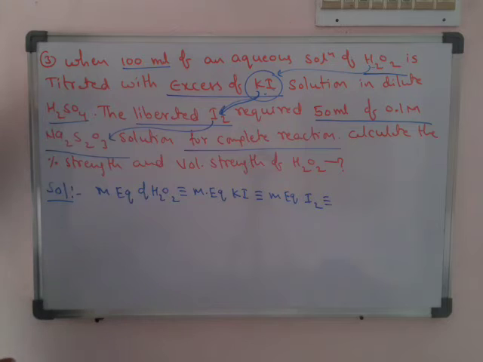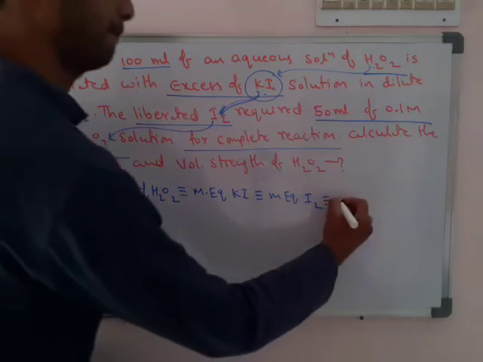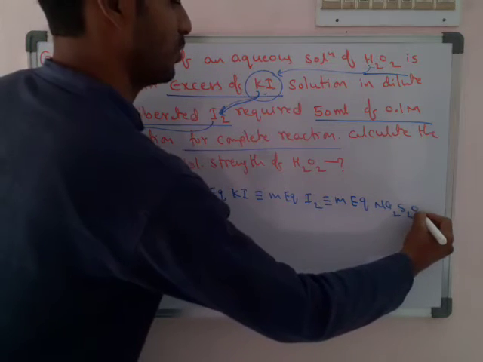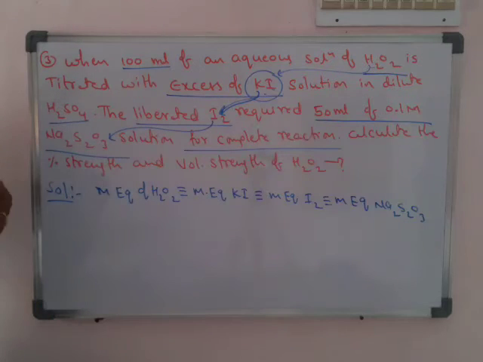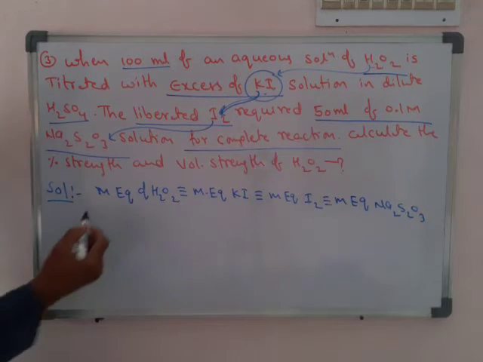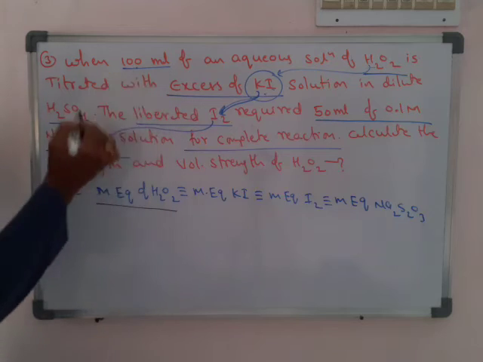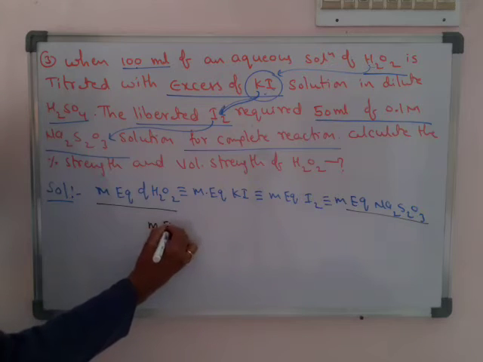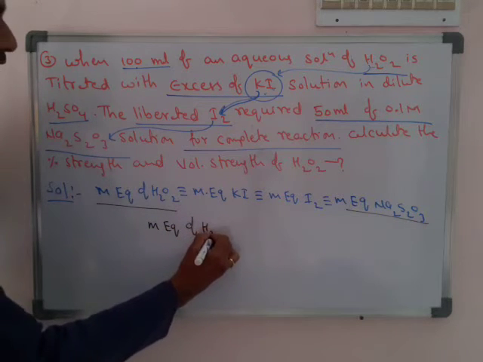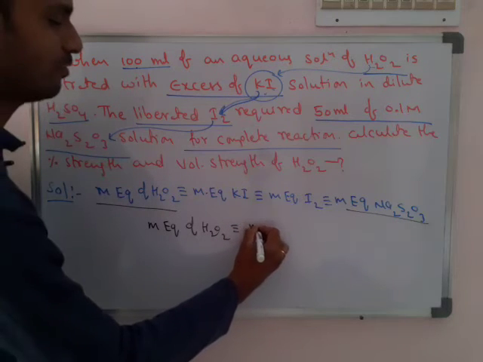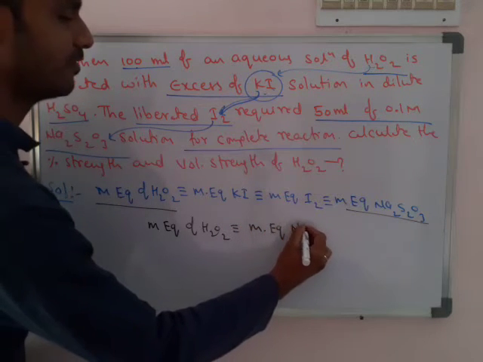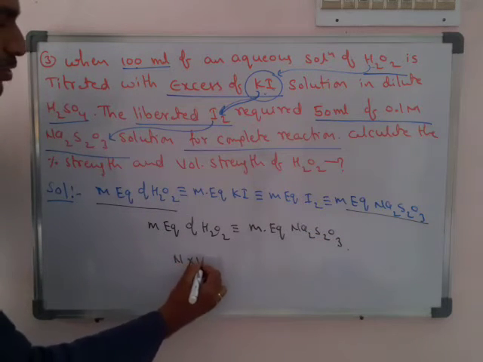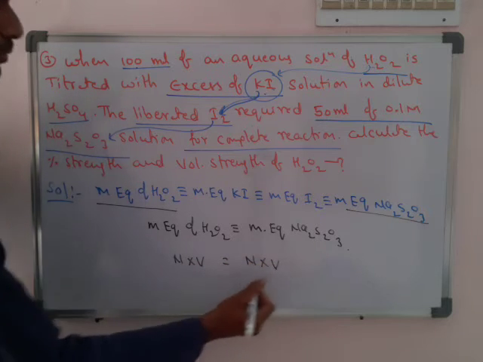So finally we write milli equivalents of Na2S2O3 or S2O3 2-. Details are given about hydrogen peroxide and sodium thiosulfate. So for calculation we use this relation: milli equivalents of hydrogen peroxide exactly equal to milli equivalents of sodium thiosulfate. Simple, normality into volume equal to normality into volume.